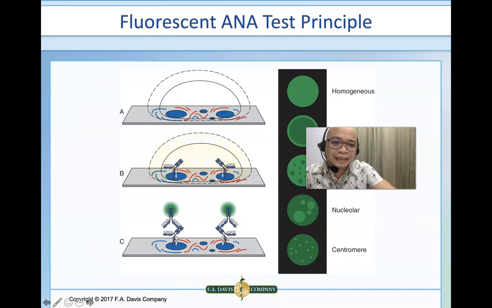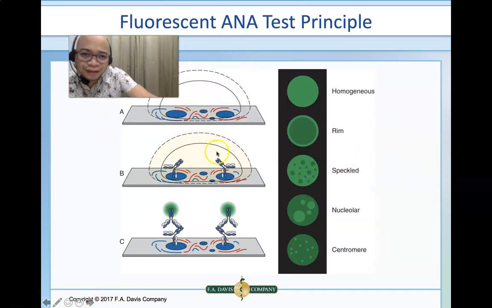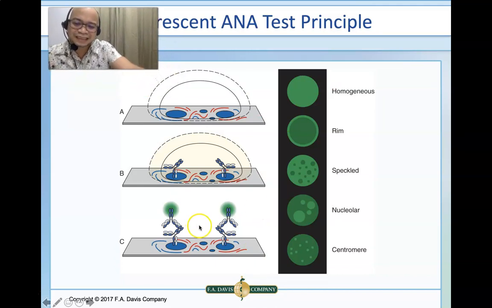As I've told you, the principle of the anti-nuclear antibodies assay is indirect immunofluorescent assay. As you can see here, the known antigen is placed on the slide, and then we add the patient's antibodies.